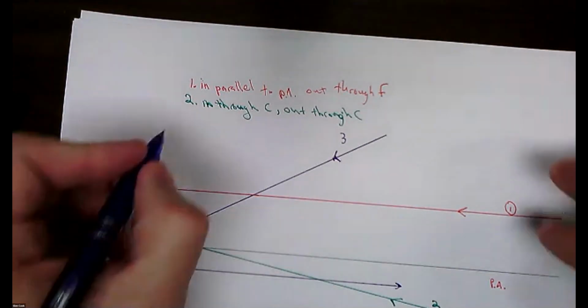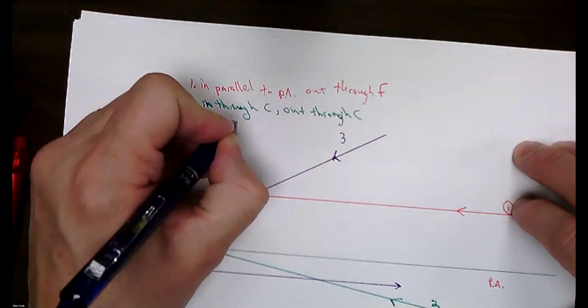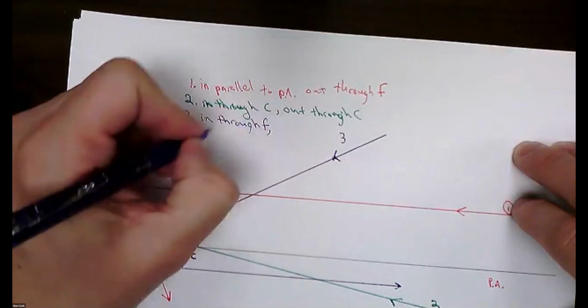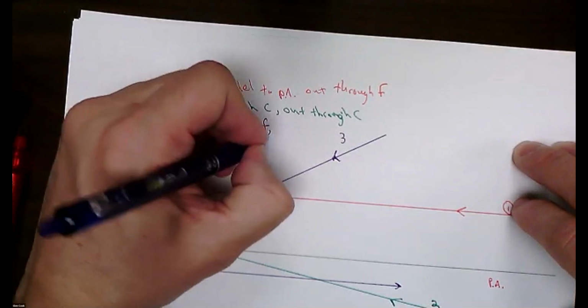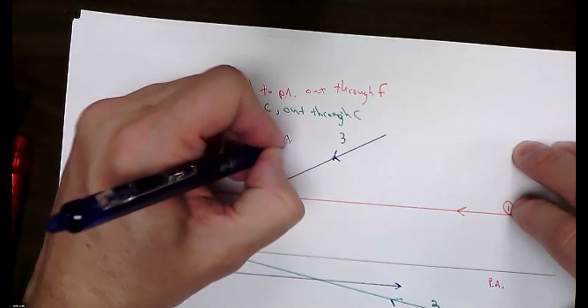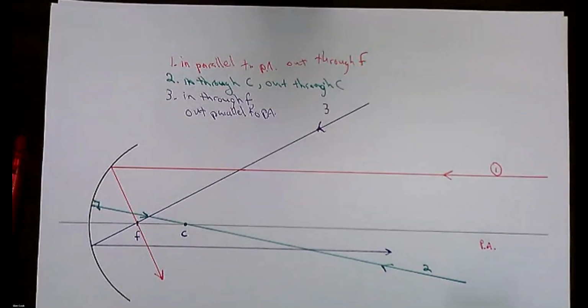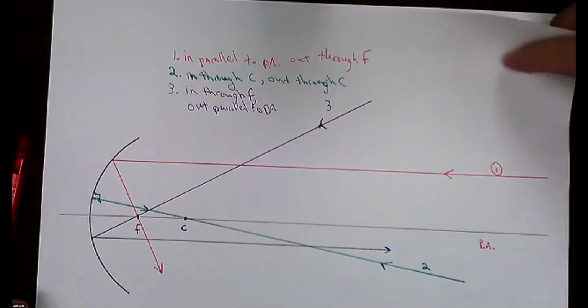And then line 3, if the light ray comes in through F, it will move out parallel to the principal axis. Okay, so that's the generic version of this picture, and we'll refer back to these 3 lines and use them.